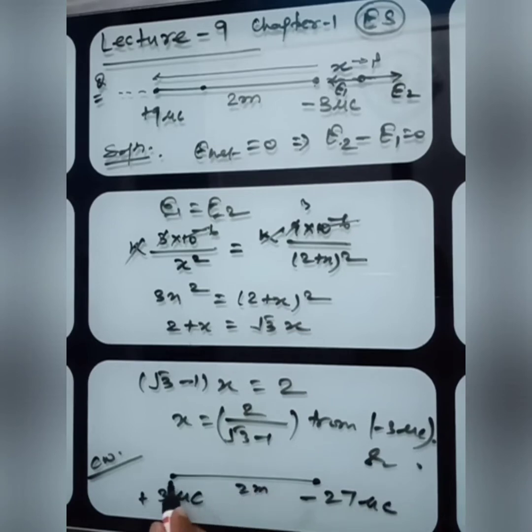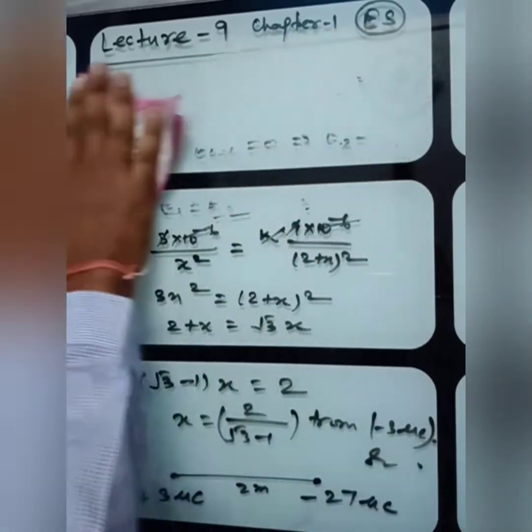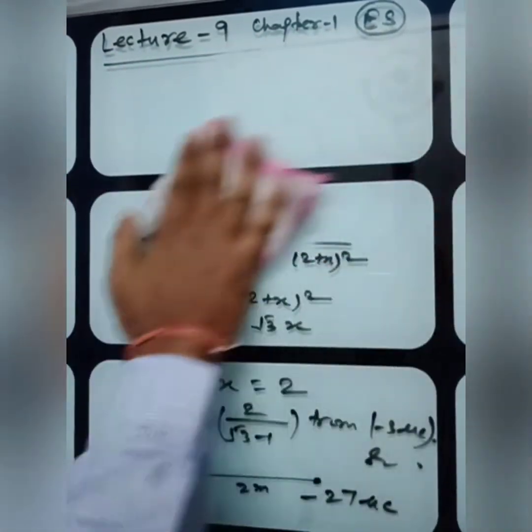You have to find out the position at which the net electric field will be 0 due to the system of these two charges. Try to solve by yourself, students. Pause the video and try to solve this question. You have to find the position on the line joining these two charges at which the net electric field will be 0.